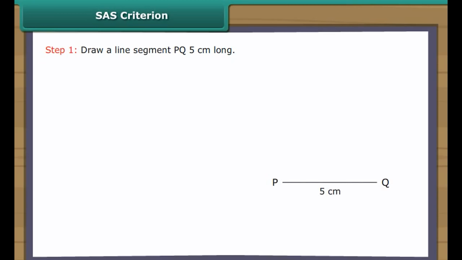SAS criterion. Let us now draw a triangle whose two sides measure 4 cm and 5 cm and the included angle measures 30 degrees. Draw a line segment PQ 5 cm long.